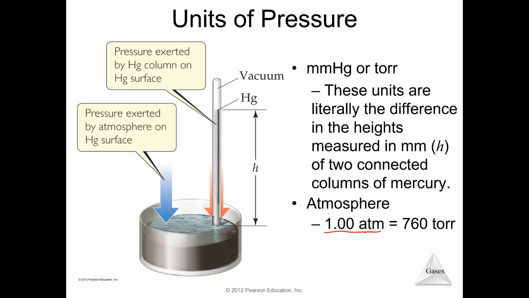So we use this unit sometimes for calculation. We use the atmosphere unit, 1 ATM, which stands for atmosphere. So it is equal to 760 millimeter mercury or 760 torr. Okay.